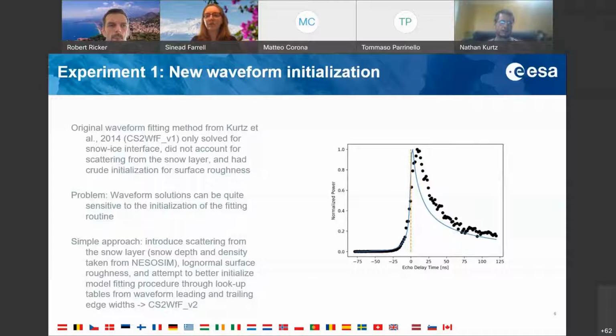We just fed it a starting value and then saw where the solution went. The problem with that is that the solutions that come out can be pretty sensitive to how you initialize the fitting routine. The closer you can initialize the fitting routine to the actual values, the better it tends to perform, but that's kind of a circular argument.